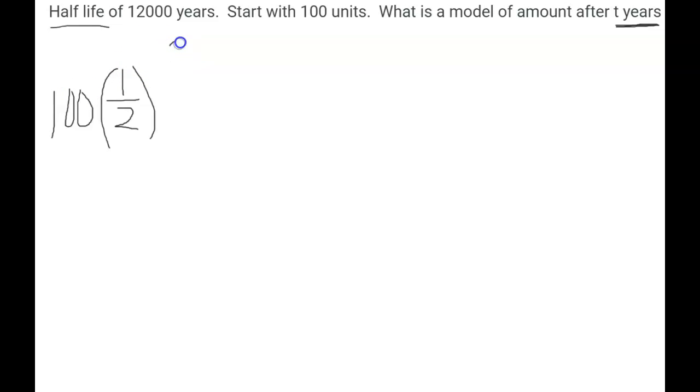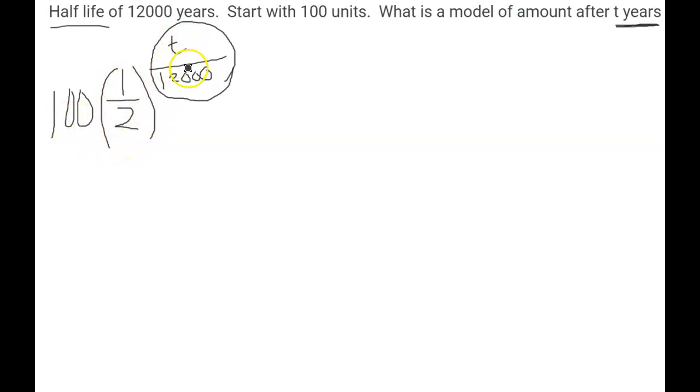Think about it. Let's put the T in here and let's divide by 12,000. Now remember, after 1 half-life, you should have 50 left. That's what a half-life means. So how would we get 50 out of this whole equation? Well, we want 100 times a half.